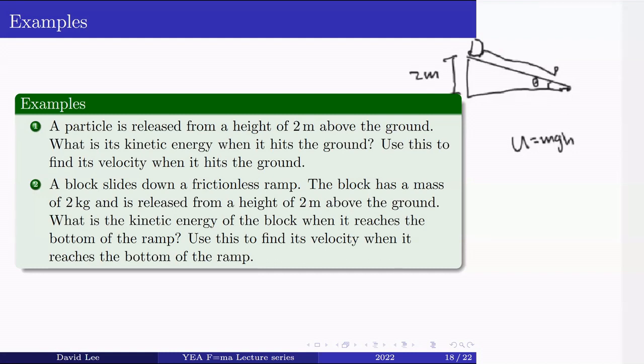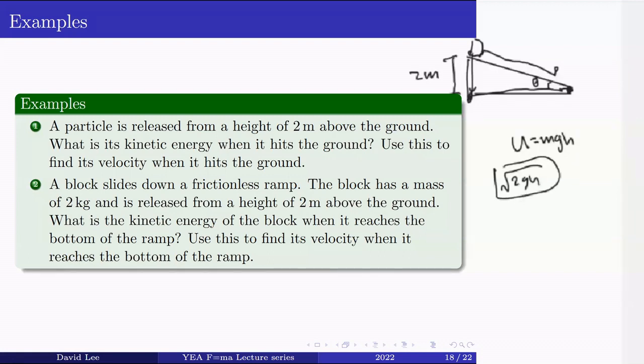This point here doesn't have to be this point. It can be any point on the ground, and it will have the same potential energy. So the difference in potential energy is the same as if the block just fell straight down. So we can use our answer to the previous problem, which was root 2gh. And this is just our answer for the final velocity.